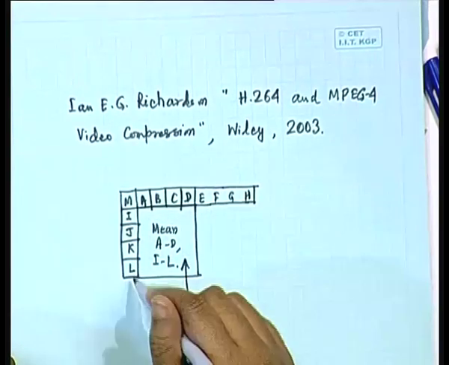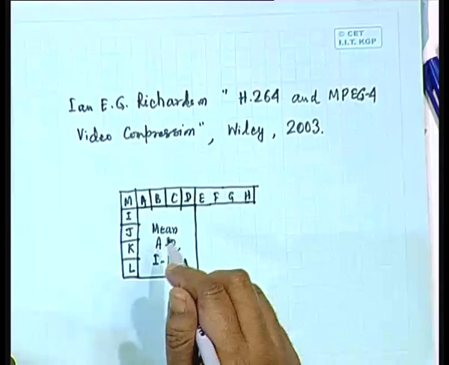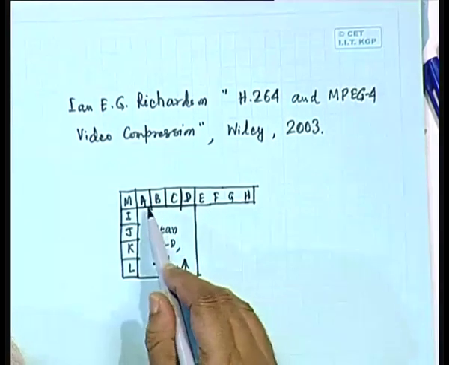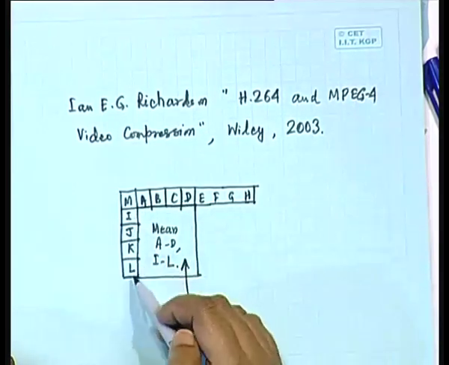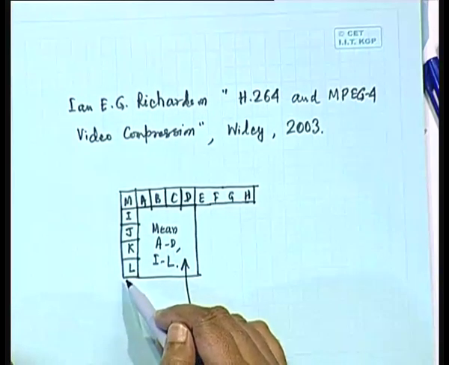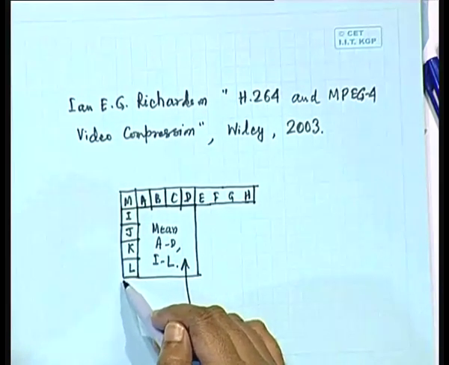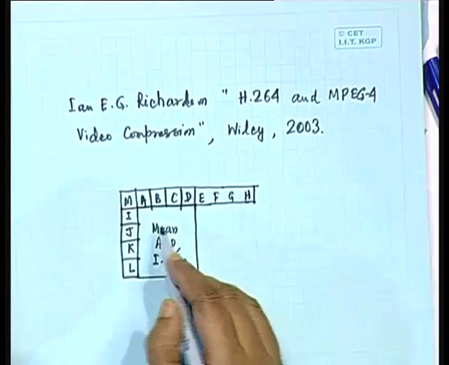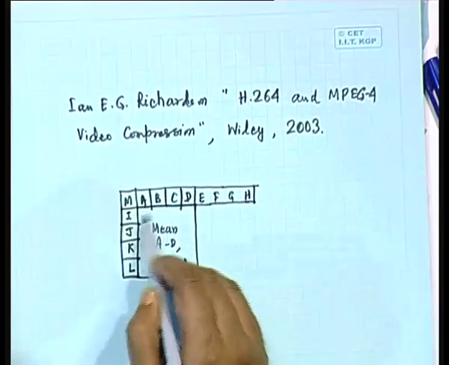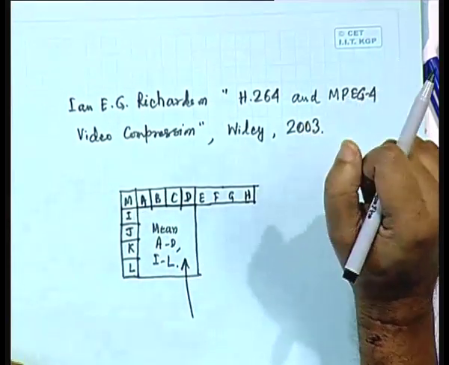So, it is a DC value, and what is that DC value? That DC value will be the average of these 4 plus these 4, that means to say 8 pixels. So, you add up these 8 pixels, and whatever is the value, the predicted values will be like this.